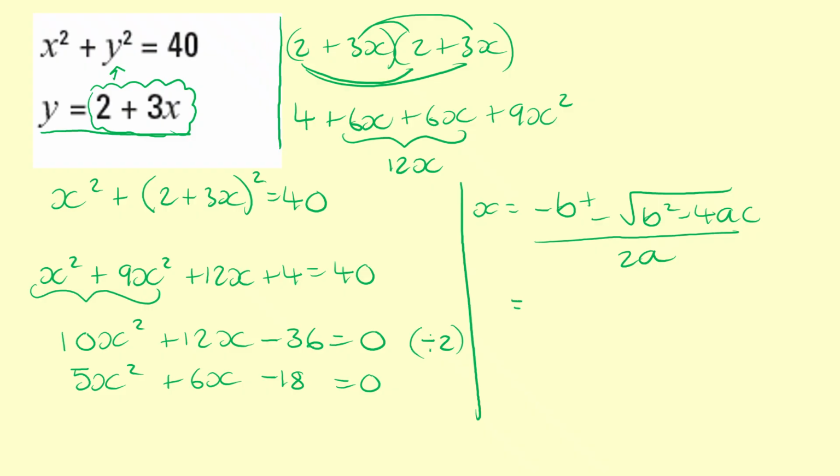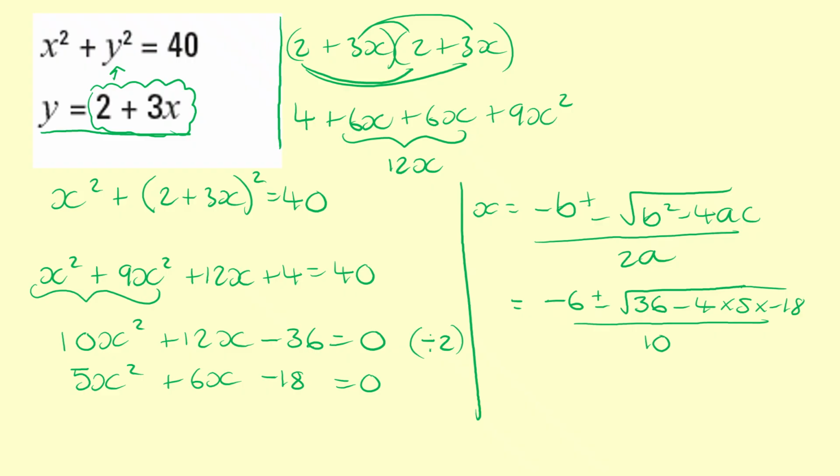So minus b, so that's going to get us minus 6 plus or minus the square root of, so 6 squared, so 36, minus 4 times 5 times negative 18 all over 10. So pop that through.